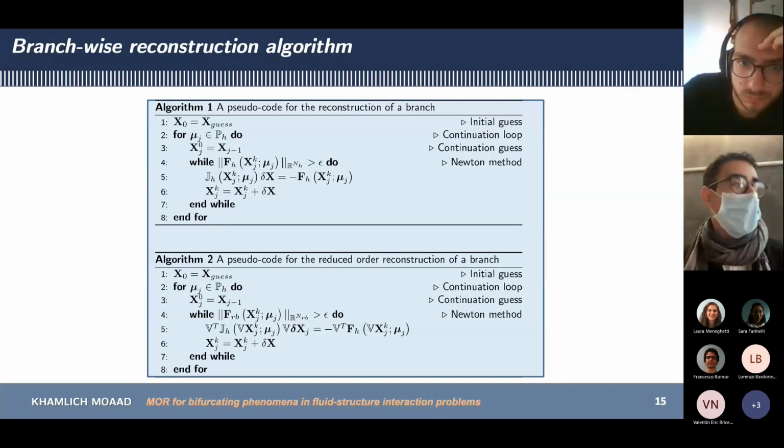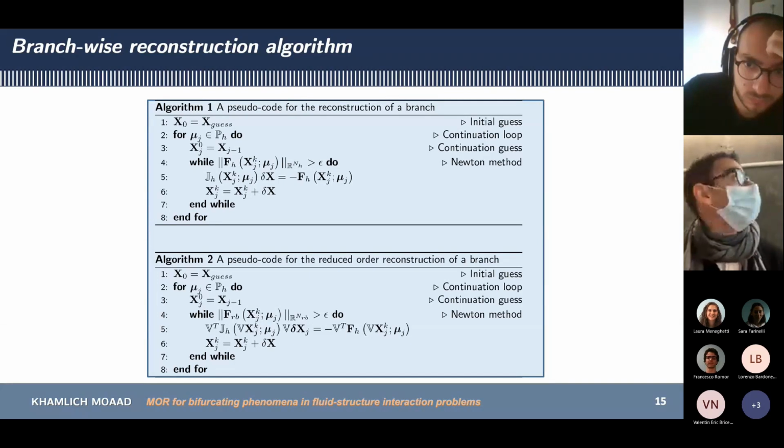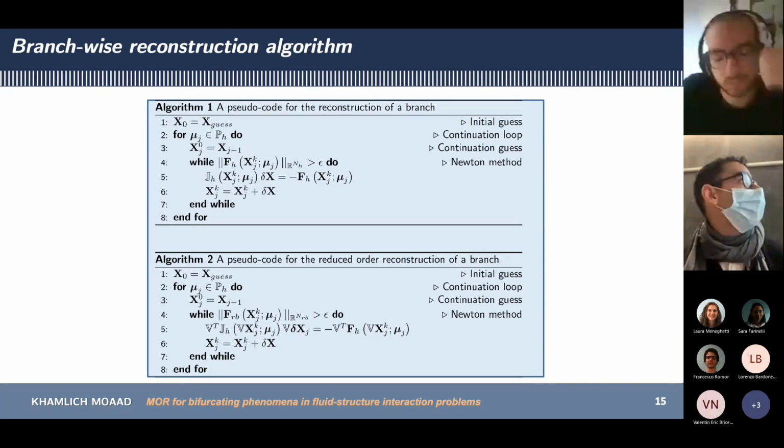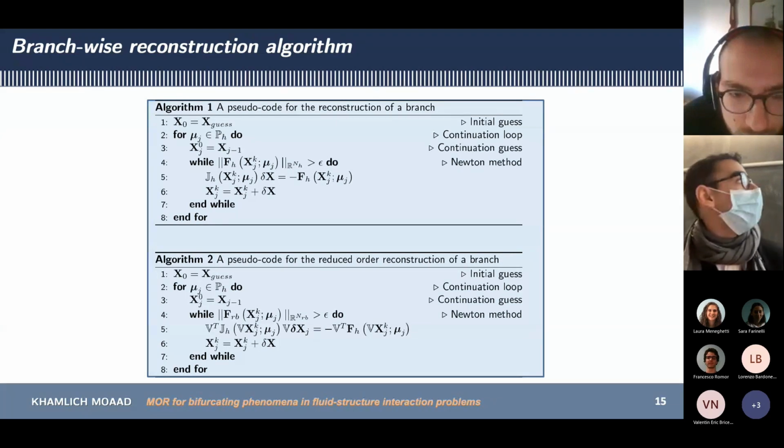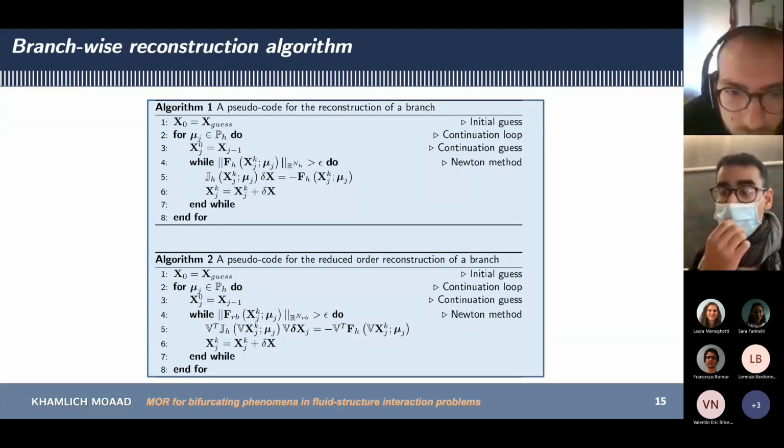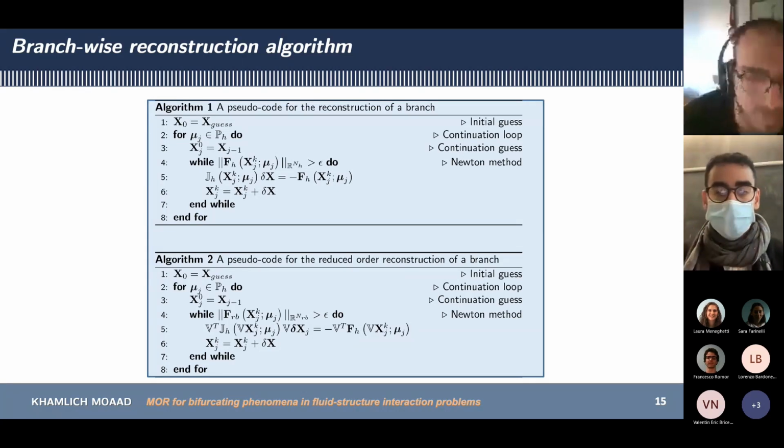And to actually obtain a set of solutions which are associated with a single branch, a continuation strategy is implemented, which in its simplest form just consists in taking the previous value of the solution, so the one coming from the previous value of the parameter, as initial guess for solving the current instance of the problem.